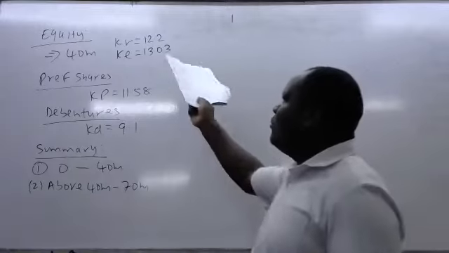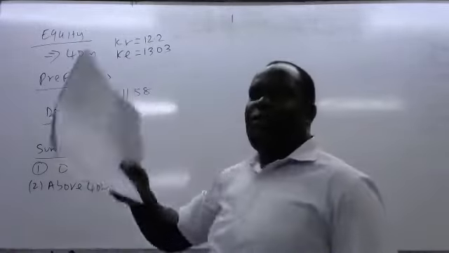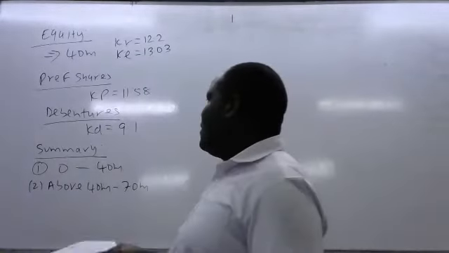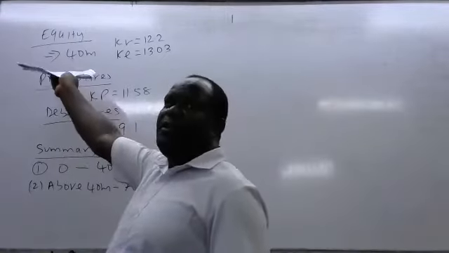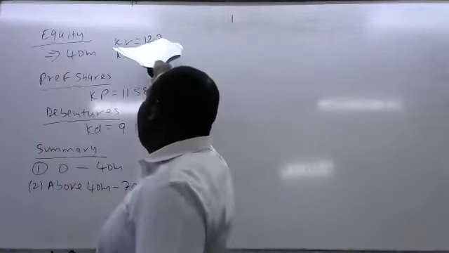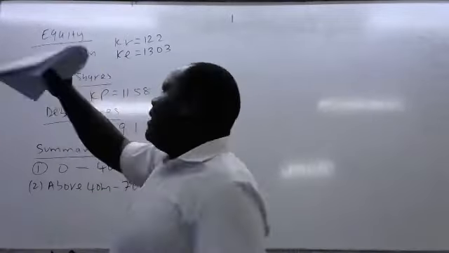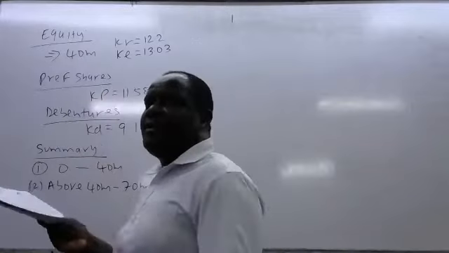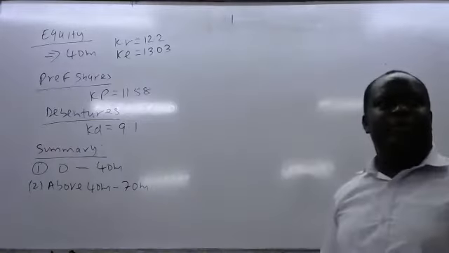Equity has 2 components, retained earnings and ordinary shares. So when it is between 0 and 40 million and below, you will be using the retained earnings. But if it is above the 40 million, we have exhausted the retained earnings, so we go to the ordinary shares. That is how it will work.